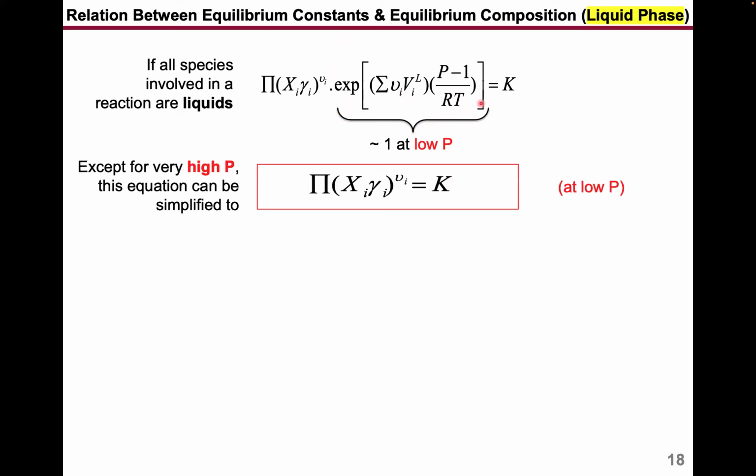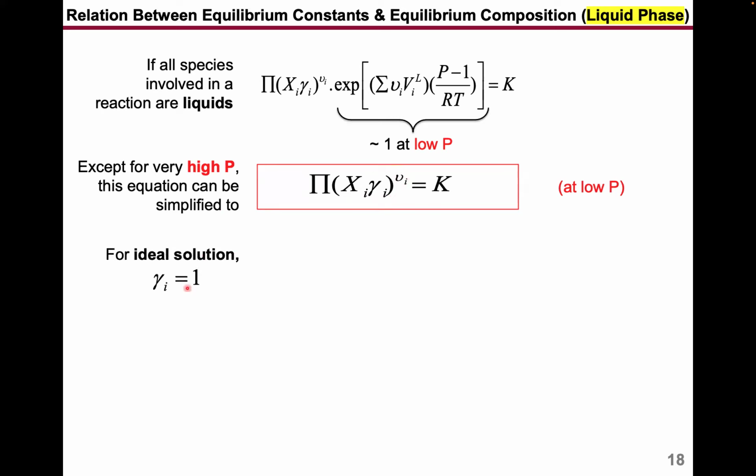Except for very, very high pressure, the equation on top can be simplified to this whole thing times 1, which essentially is equal to K at low pressure. And again, K is a function of temperature. Xi, gamma i, you know how to find and calculate. Vi, you can calculate that too.